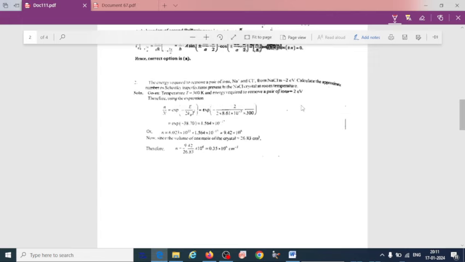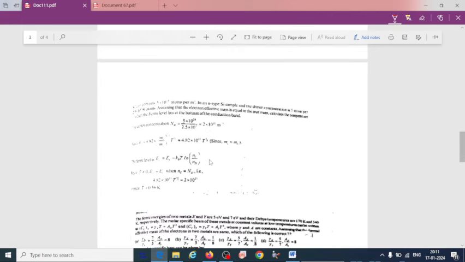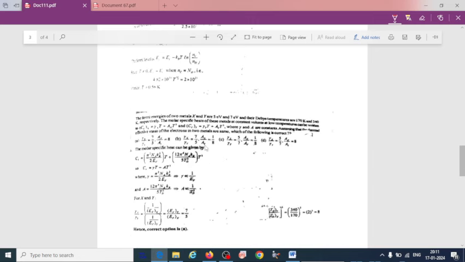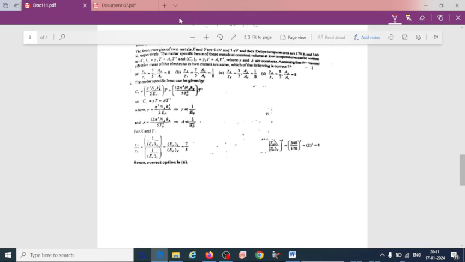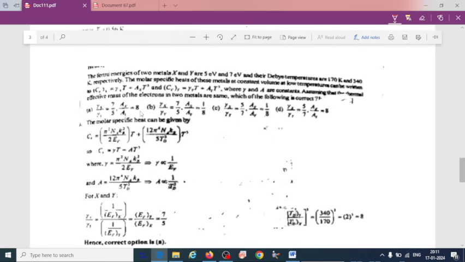So just try to understand the question here, if it is not clear. Here, for the molar specific heat equation, first you should write down pi square N_A k_B square divided by 2 E_F, the Fermi energy.